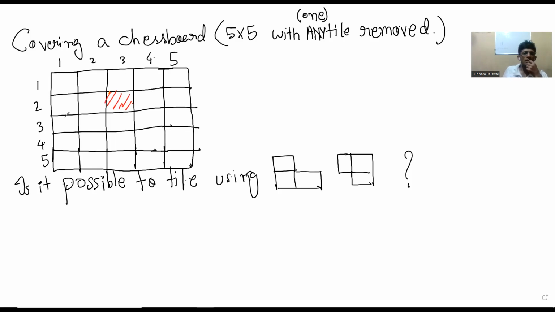But I don't know. So can you say that for 6 by 6? I think this one is easier. Same question with 6 by 6. Right. Yes, certainly not possible, right? So that is the thing. So for 3n by 3n, it is not possible.